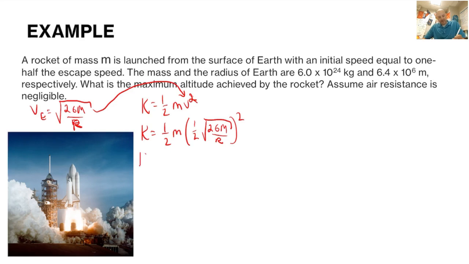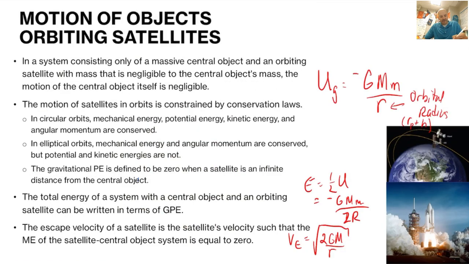Okay, and so we have K equals 1/2 m times 1/4 of 2GM over R, right? So I square the half, I square the square root. I can do a little bit of canceling here. So this 2 cancels one of those 2's, and then I'm going to simplify.